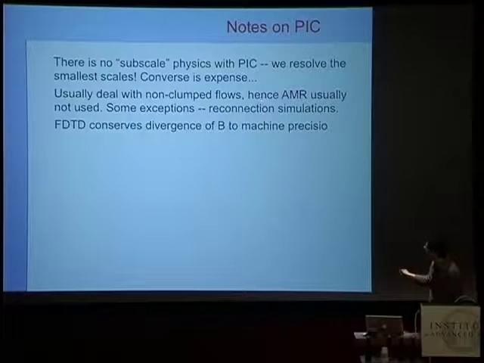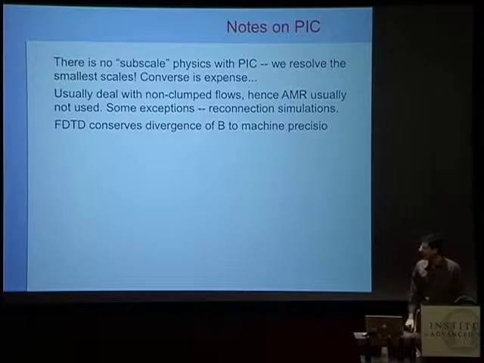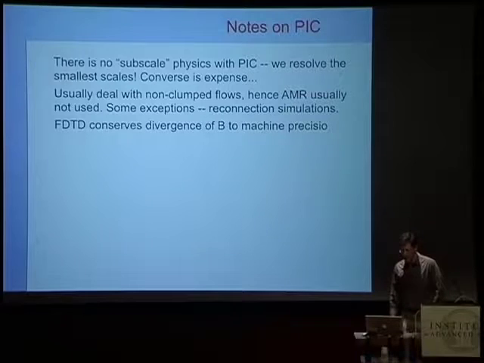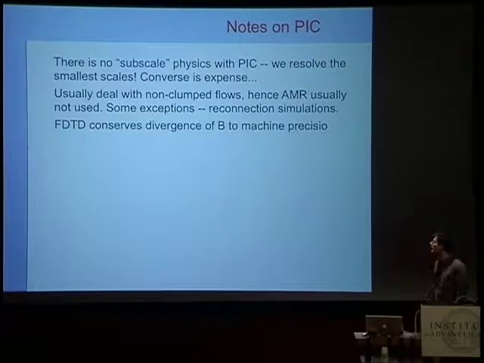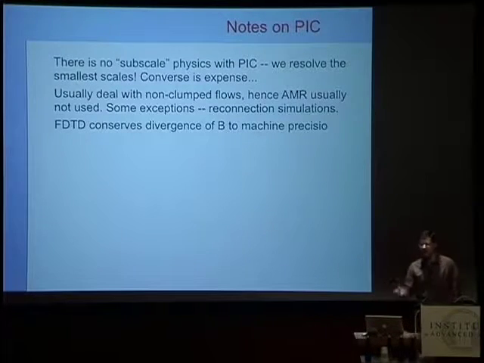Another thing is, I was asked whether AMR is a good idea for particle and cell codes. In principle, yes, but in practice, in most of the things I've tried, AMR makes little difference, mainly because we're resolving fairly small scales, and if your plasma is really clumped on those small scales, you have something else going on.